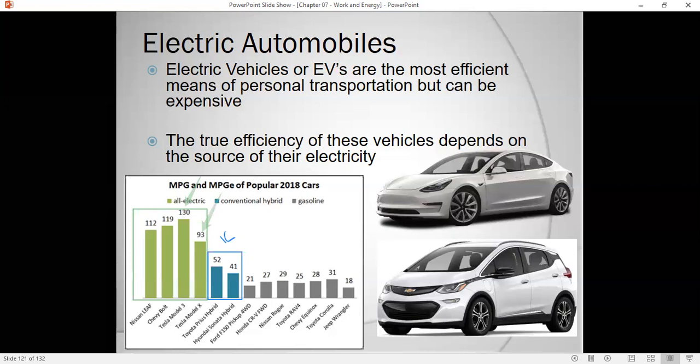What they're doing here is they're saying, okay, yeah, they don't use gasoline. We know that. But equivalent in terms of how the energy is produced, the equivalent miles per gallon is, oh gosh, why do I keep doing that? I'm multitasking.